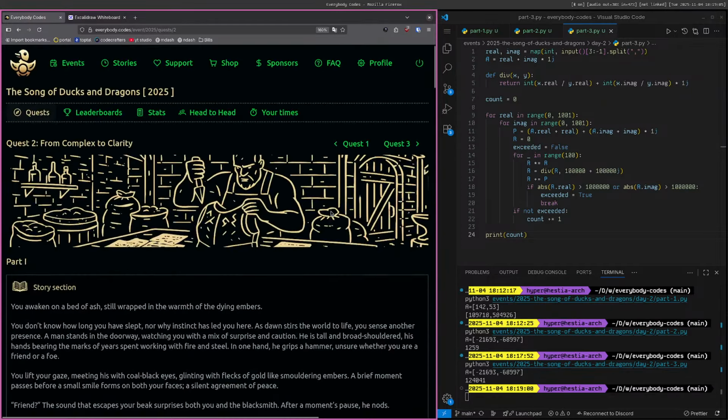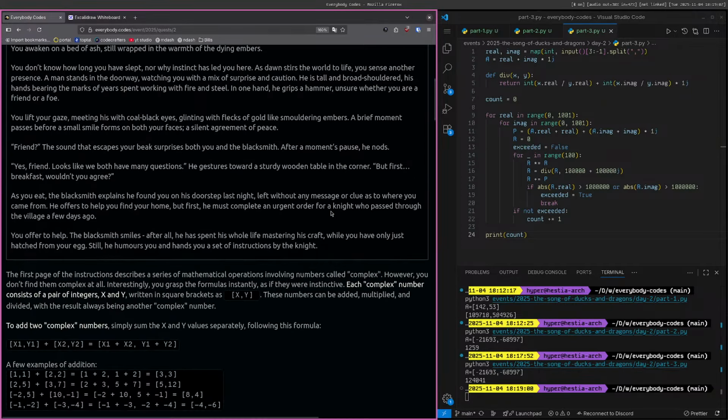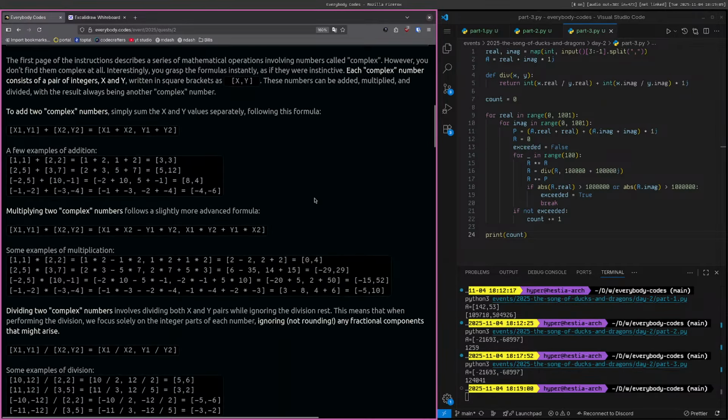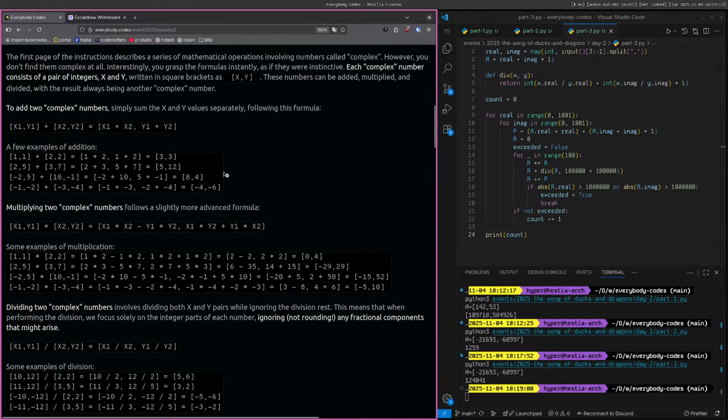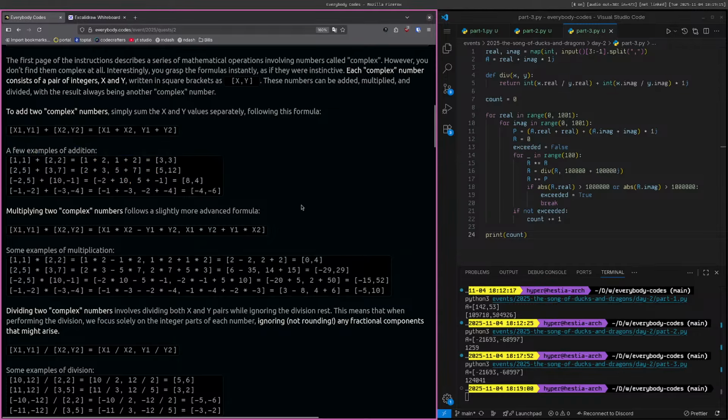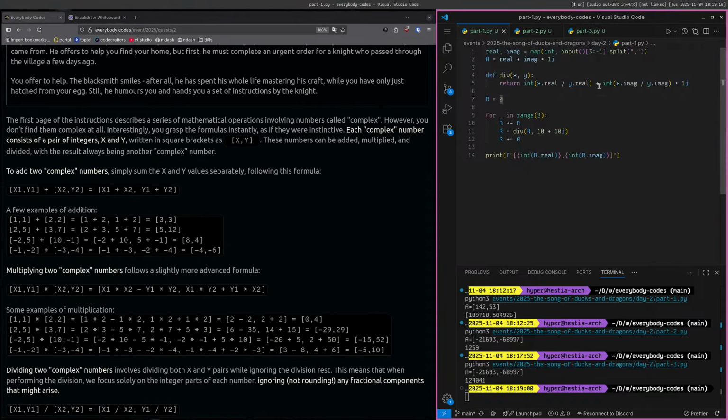So relatively straightforward problem with Python complex numbers. If you don't have complex numbers, then it wouldn't take too long to write this out. Just to demonstrate for anyone who's mainly using other programming languages, we don't need to use Python's imaginary numbers.